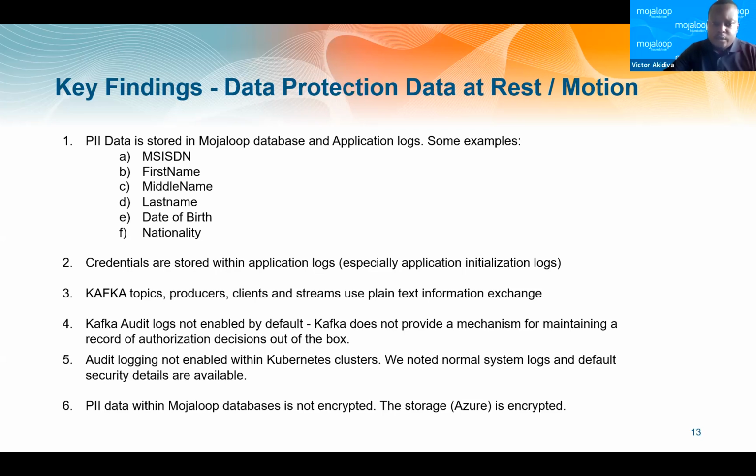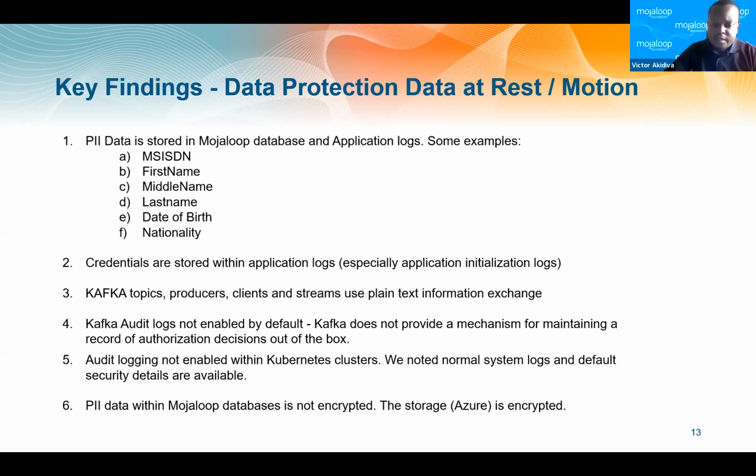This also applied to the Kubernetes clusters as we were looking at data in motion. The Kubernetes environment which runs the images does not have audit logging enabled by default, meaning we were able to see standard application event logs. But if we wanted to identify, say, for example, who loaded a pod, who is querying running pods, who ran an execution within a pod, all that information is not available because it currently needs to be enabled by the downstream implementers.